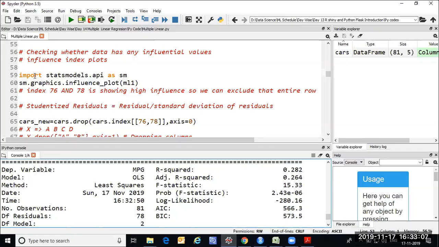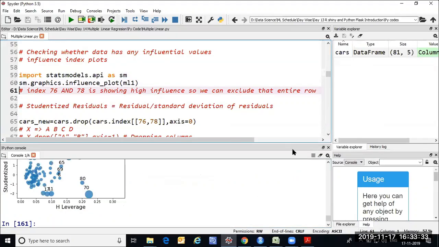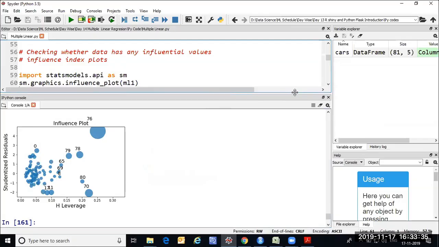For drawing the influence plots, why do we use them? Not to find outliers, but to determine the observations which are influencing the overall model's performance. This is part of statsmodels graphics.